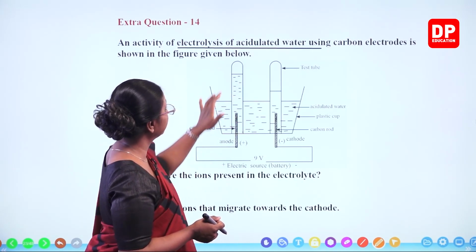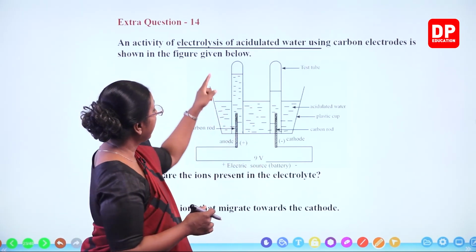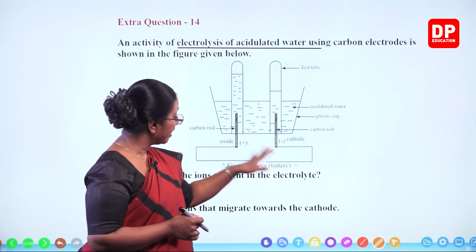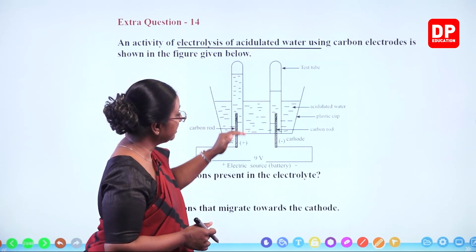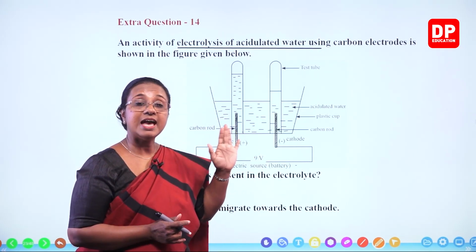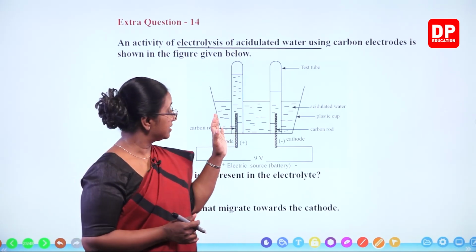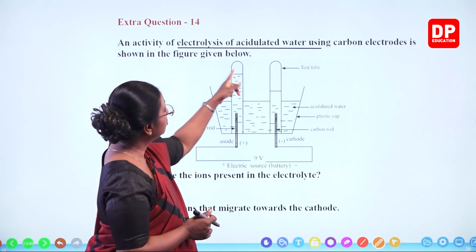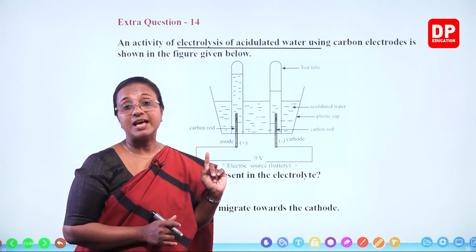At the same time, we fill 2 test tubes completely with water and invert them over the 2 electrodes. And when the cell is functioning, you will see the water will be displaced downwards and the gases will collect inside the 2 test tubes over water. And also you will see a difference between the amount of gases collected.